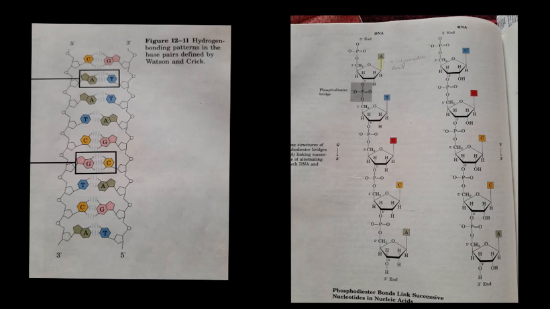However, this base and sugar and phosphate are together called nucleotides, but one base and one sugar is called a nucleoside. So we can say that a nucleotide is a nucleoside triphosphate.